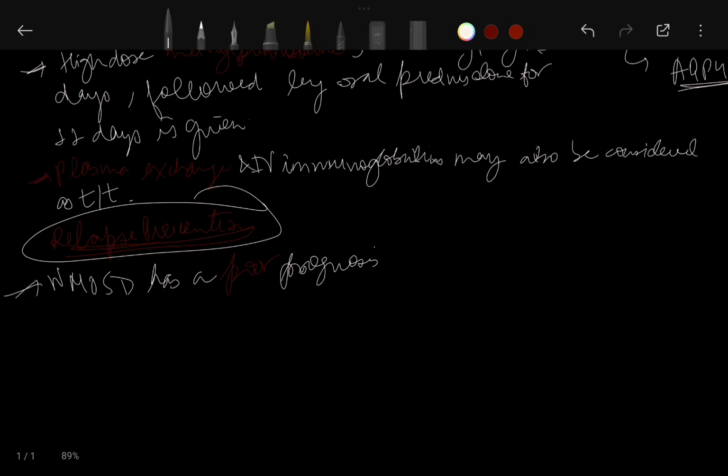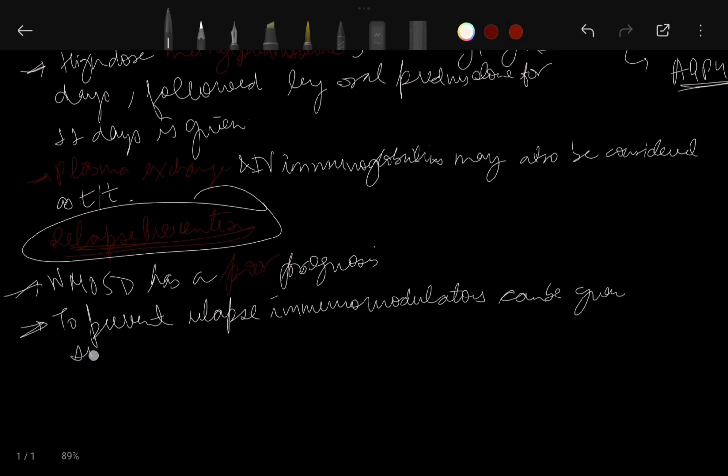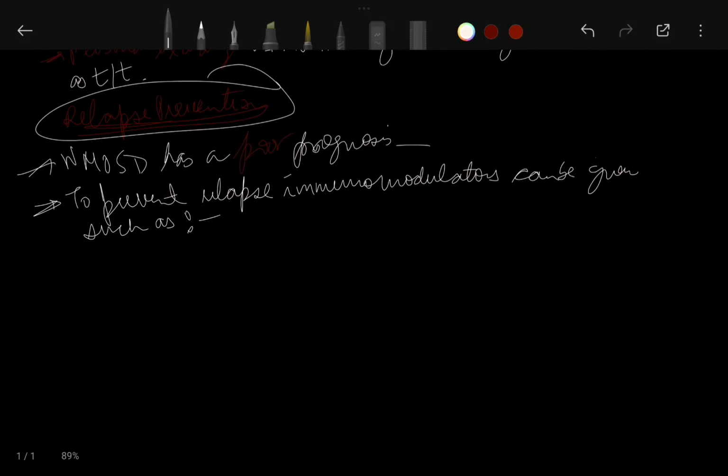In case of relapse prevention, NMOSD has a poor prognosis, and to prevent relapse, immunomodulators can be given, such as eculizumab.